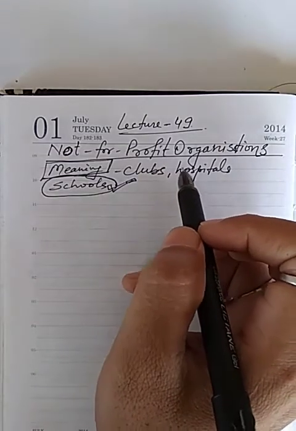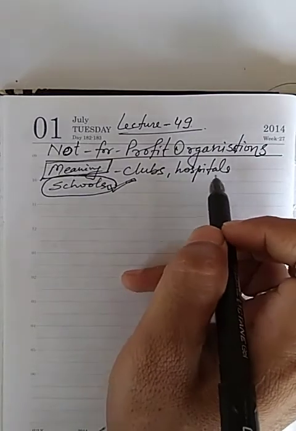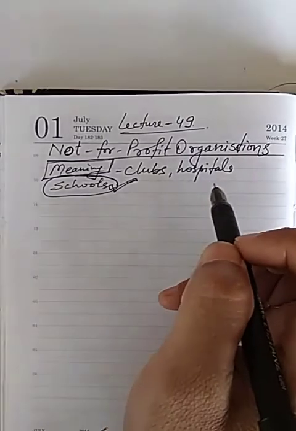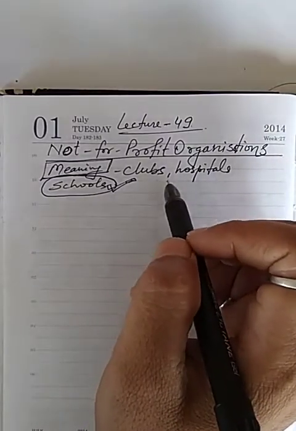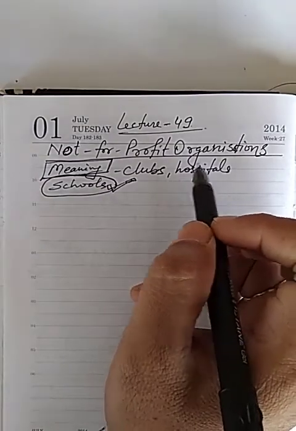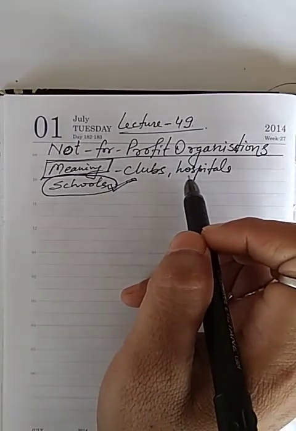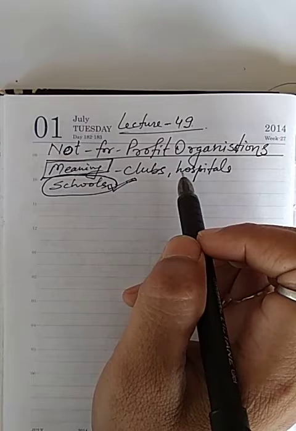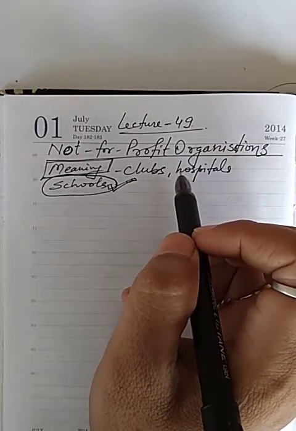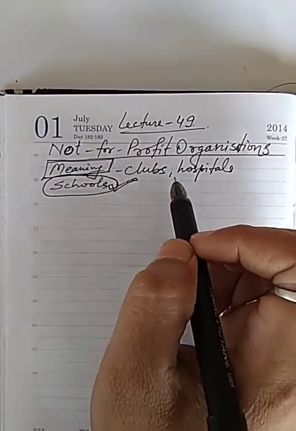As the main aim of the organization is not to earn profit, they do not prepare a trading and profit and loss account. But still, they have to maintain proper accounts. This is also a legal requirement, and they would also like to know whether their current incomes are sufficient to meet their current expenses.